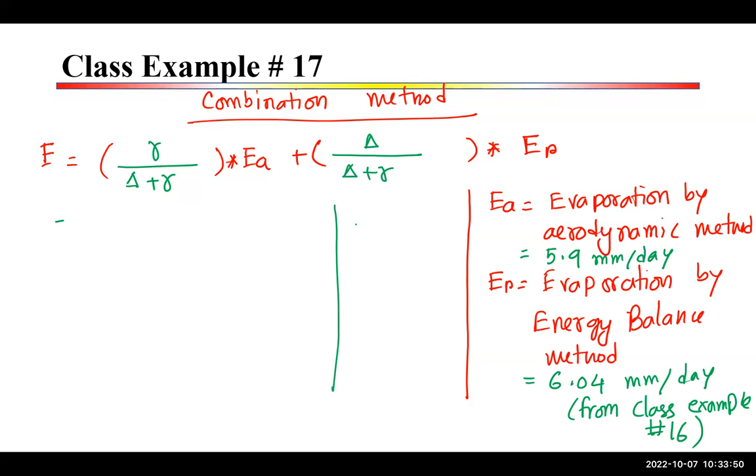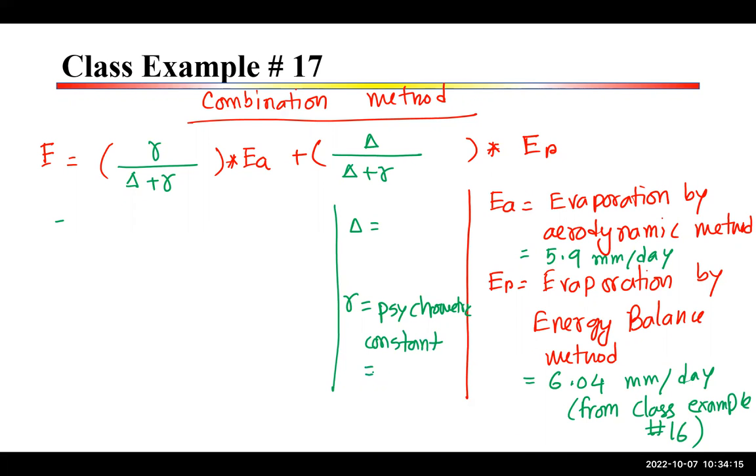Now the question is what is delta and what is gamma? Can you go back to your class lesson and tell me what is delta and what is gamma? This one is the psychrometric constant.